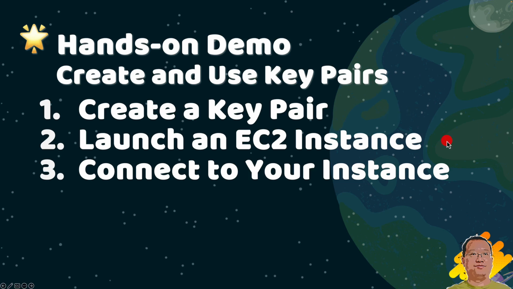Next, launch an EC2 instance. We'll choose an operating system like Amazon Linux and the instance type. Finally, connect to the instance. We'll open a terminal on your computer and change the permission of the private key file for security. And then we'll use SSH with the private key file to connect to your EC2 instance.